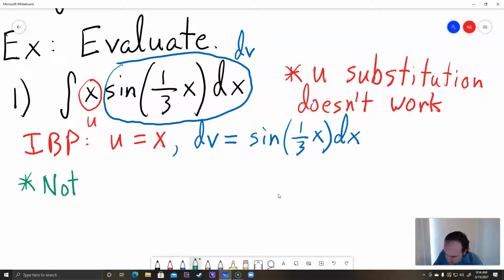So just a little important note here. Note, choose u as something that simplifies when you take the derivative.